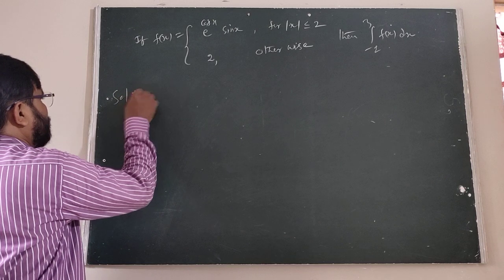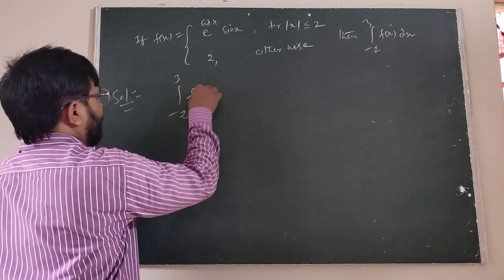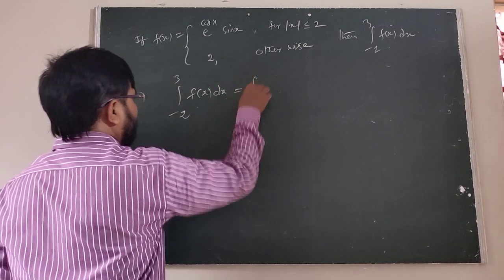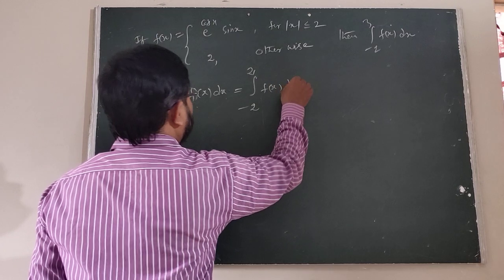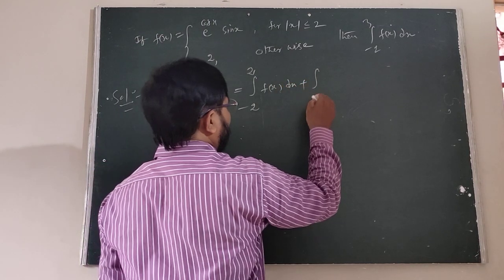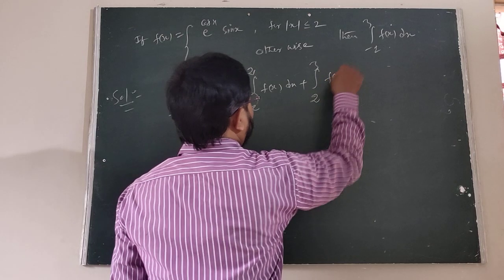The solution is the integral of minus 2 to 3 f of x dx. We can write this as the integral from minus 2 to 2 of f of x dx plus the integral from 2 to 3 of f of x dx.